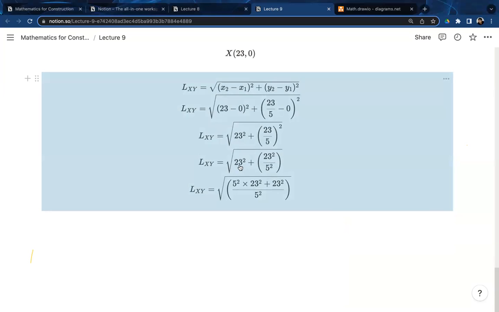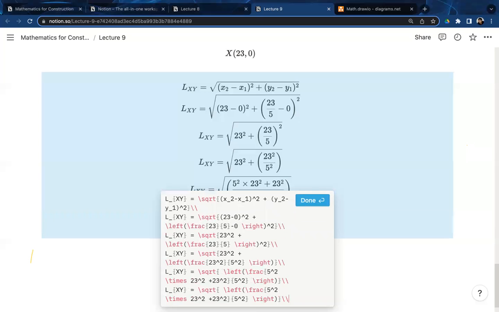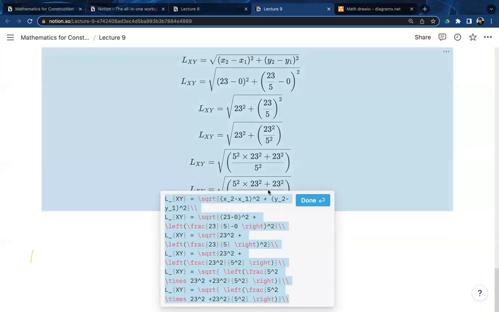I multiply the 23 squared above and below by 5 squared. So the 5 squared will cancel. But now I can represent everything over 5 squared. And then I could factorize 23 squared there. So let's see what we get.